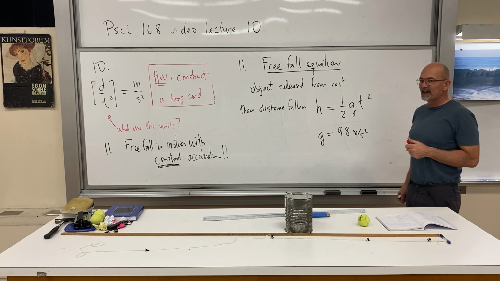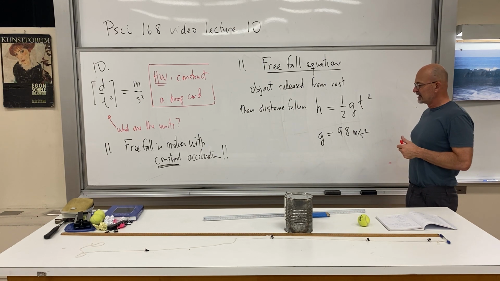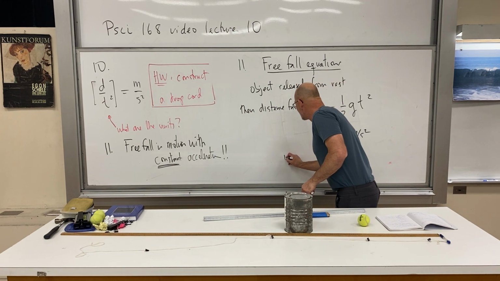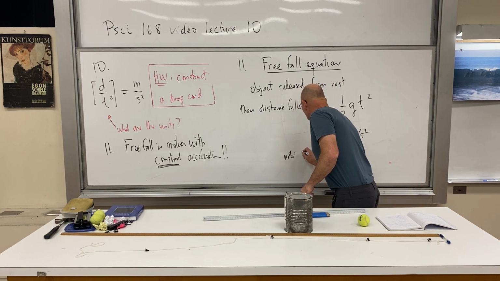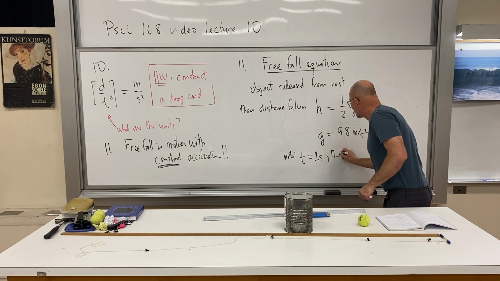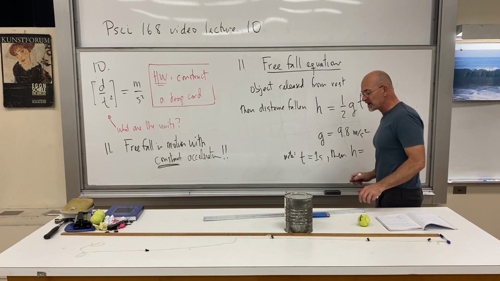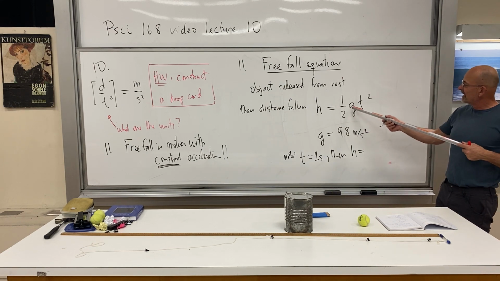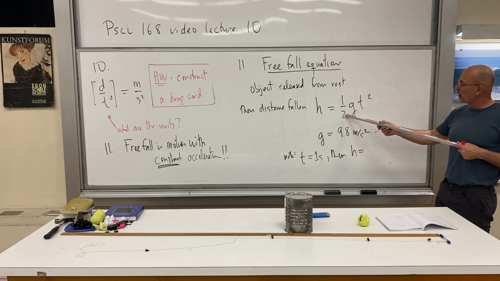In fact, you guys may want to even play around with that. If you drop something, for example, t equals 1 second, then what is h equal to? If t equals 1 second, 1 squared is 1. 9.8 over 2 is 4.9.